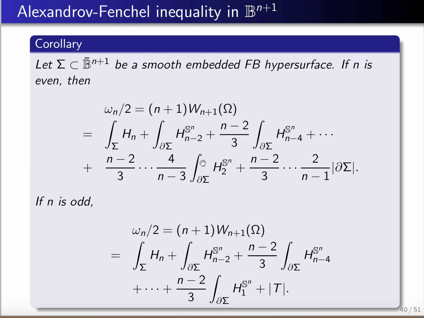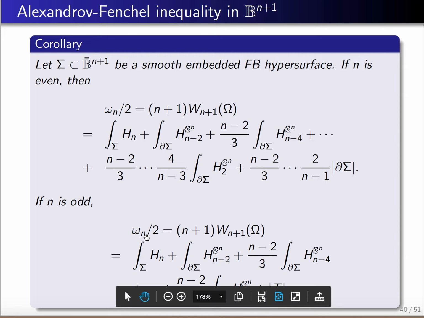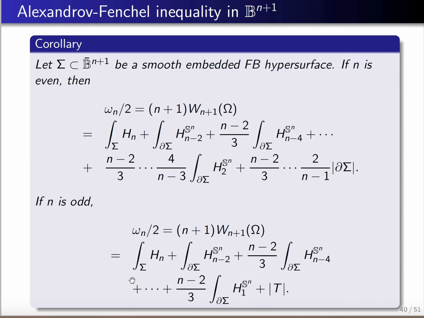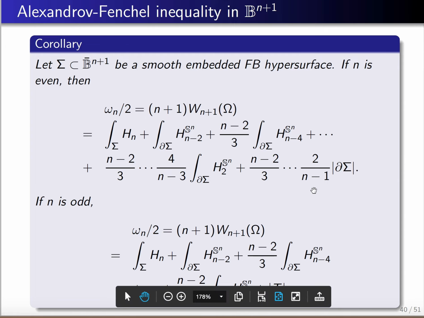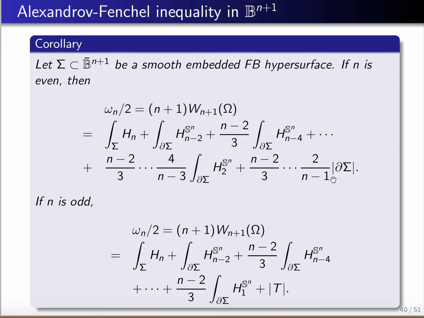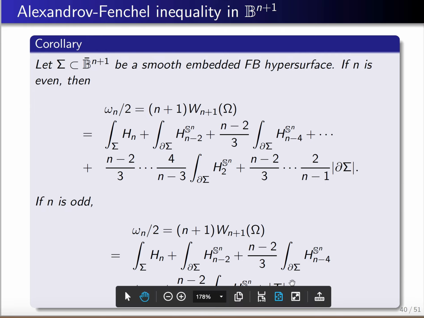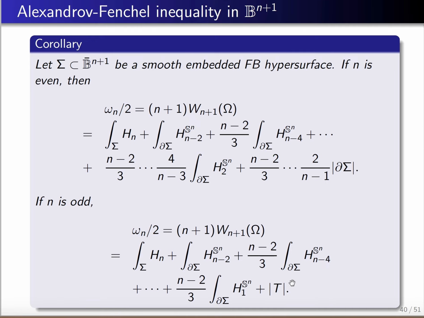Okay, so this is when n is even, and when n is odd, still W_{n+1} is a constant. And here the formula is a little bit different. In the even case, the last term is the area of the boundary of sigma, and in the odd case, the last term is the volume of T, or the area of T.